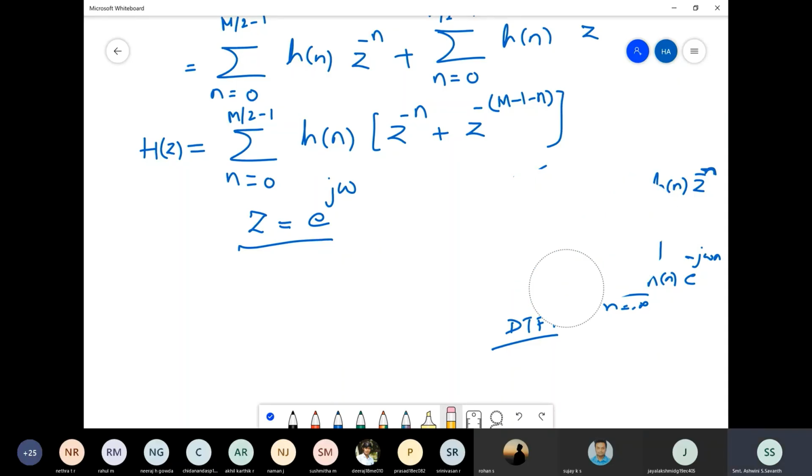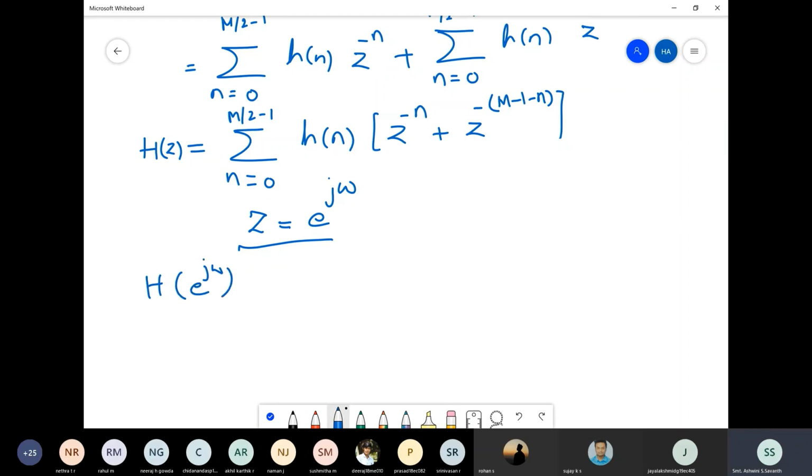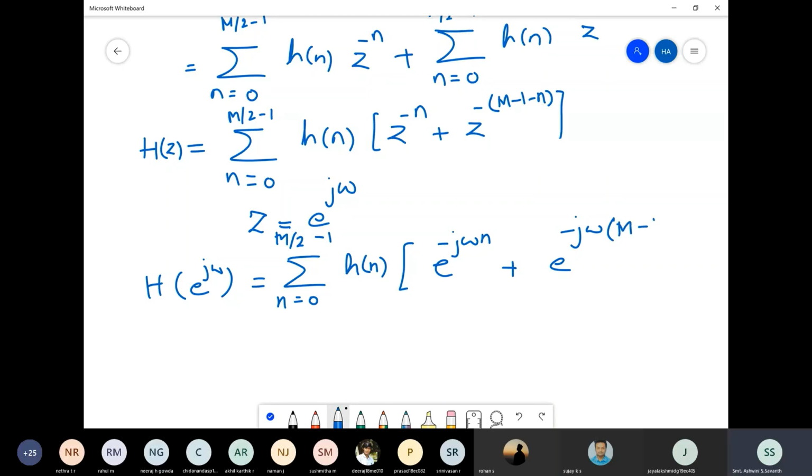If we put z equals e to the power j omega, H of e to the power j omega will be summation n equals 0 to M by 2 minus 1 h of n, e to the power j omega to the power minus n, plus e to the power j omega to the power minus of M minus 1 minus n.